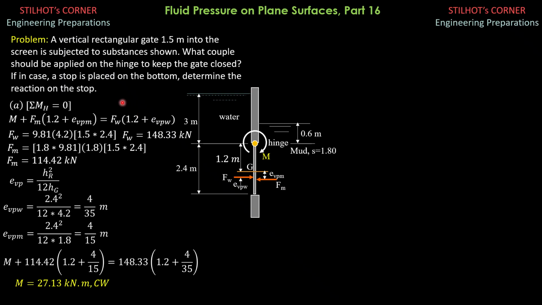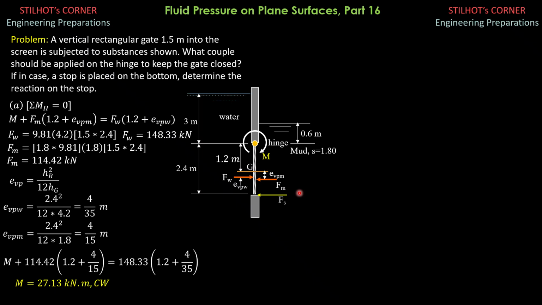Then let's solve the next case. If in case a stop is placed on the bottom, determine the reaction on the stop. So if there is a stop here, there's no need to apply this moment about the hinge. So we'll just compute for F due to the stop as presented here. So summation of moment about the hinge equals 0.